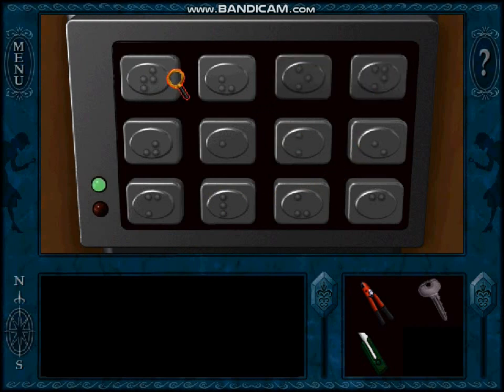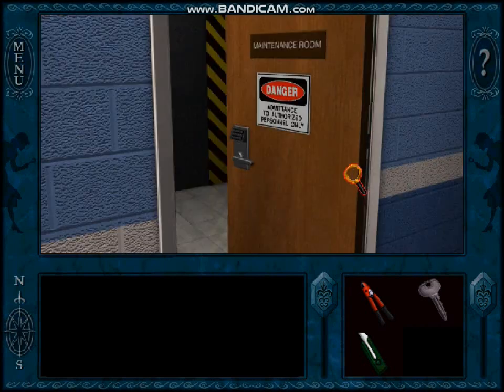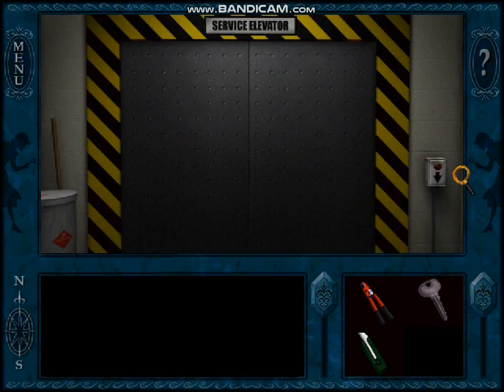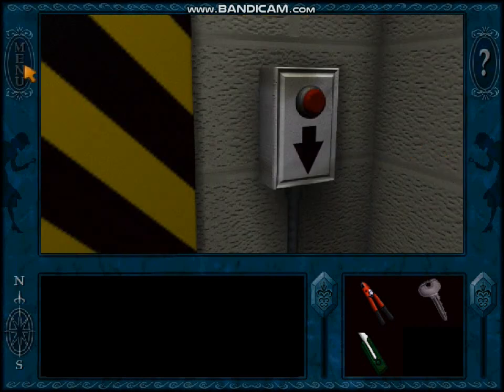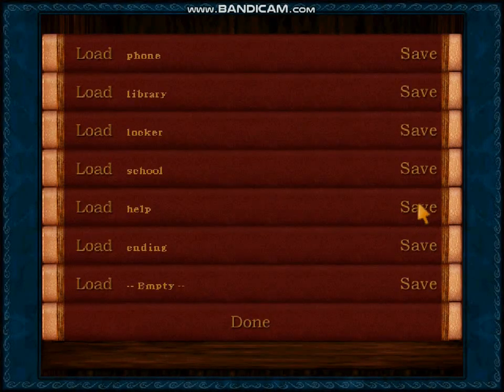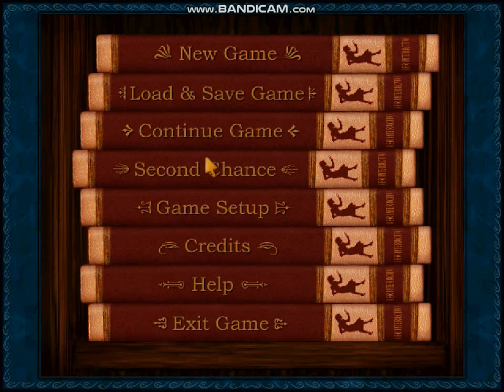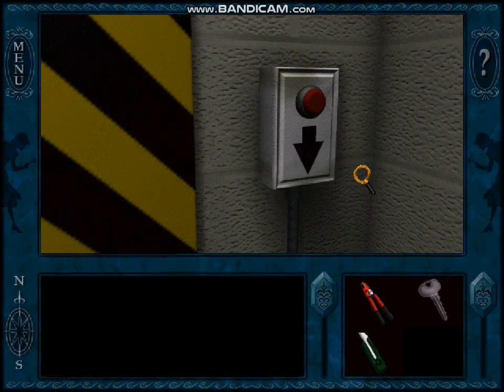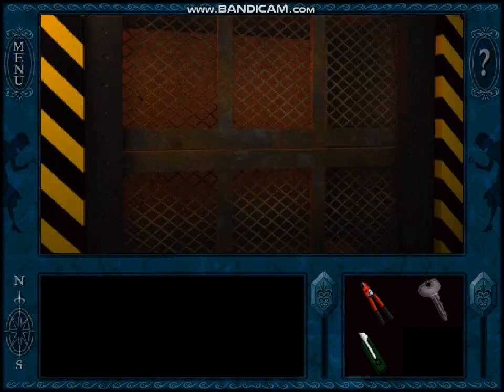So, let's see. There we go. And for the sake of things, I'm going to save it, because I do not want to lose my progress, especially trying to get these bolt cutters.